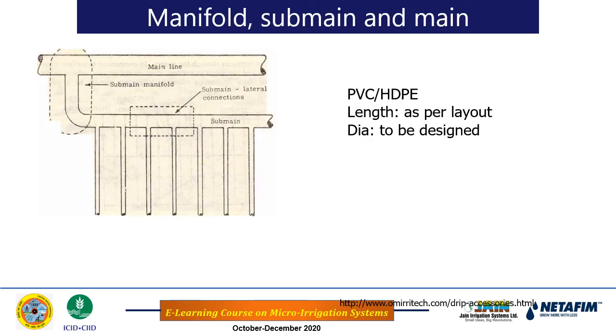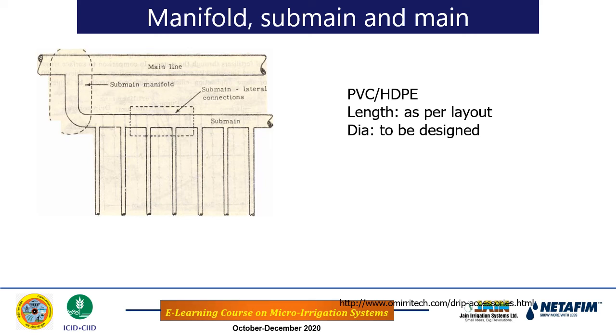The next: manifold, submain and main. I have already explained the position of manifold, submain and main, and here it is shown again. Normally manifold, submain and main are of PVC material or HDPE material. Only one caution is to be taken: when we use PVC material, the manifold needs to be buried in the soil.